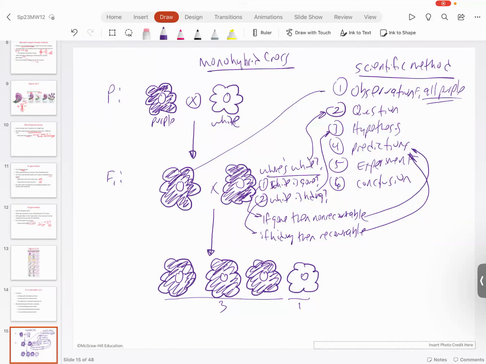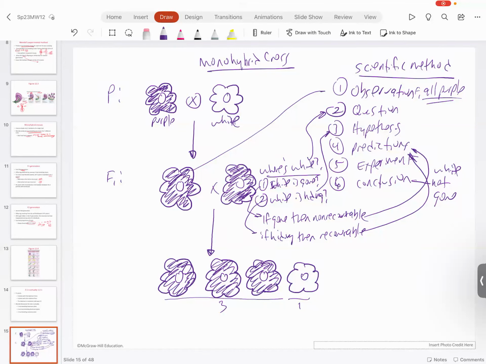So he did an experiment, right? Drew some data. So what are his conclusions? His conclusion is the white is not gone. Remember, your conclusion has to answer your question. Your question was, where's white? So basically what he did is he proved that white's not gone.